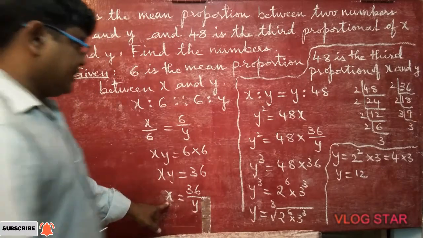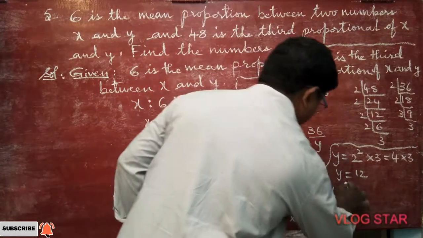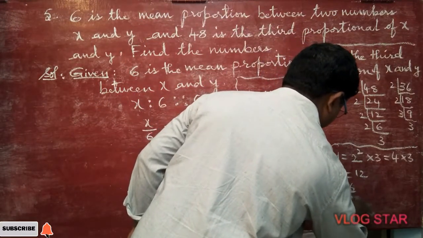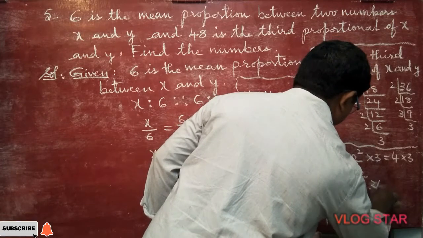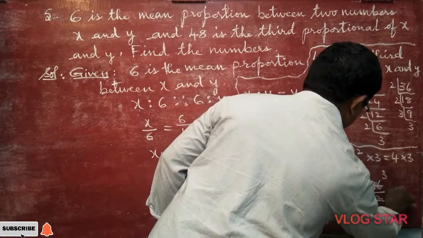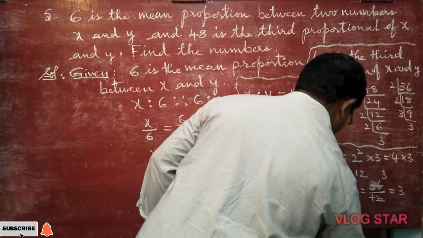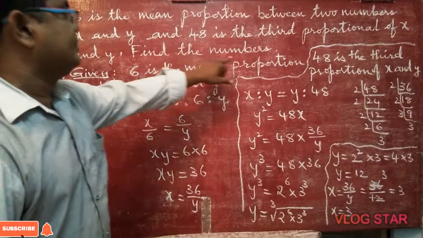Substitute here. x is equal to how much? x is equal to 36 by y. So 36 by 12. 12 goes 3 times. So x is equal to 3. They told us to find the numbers.